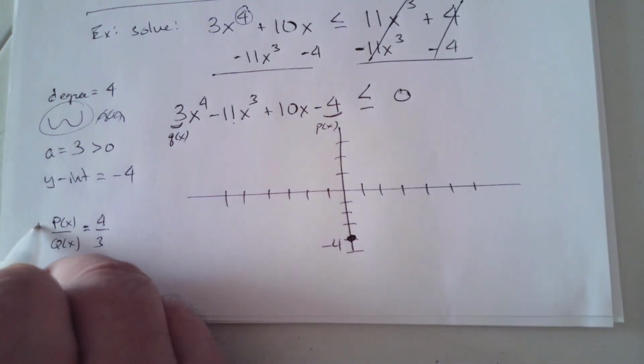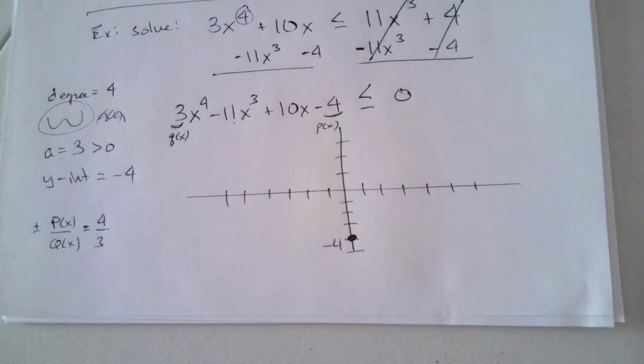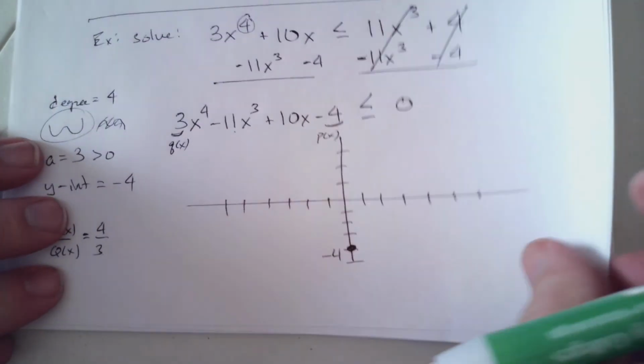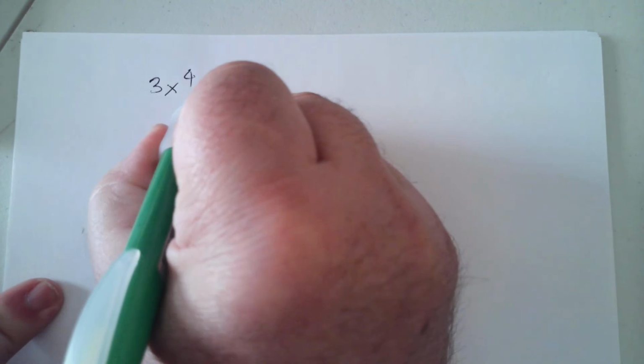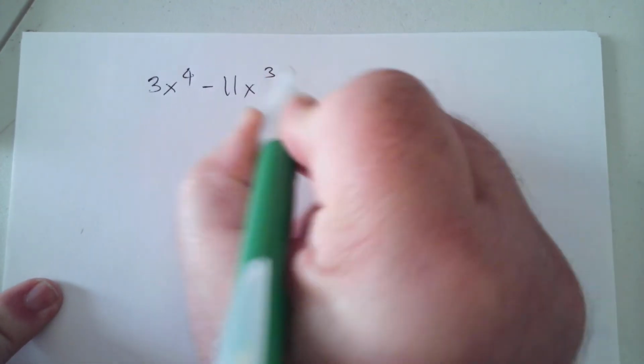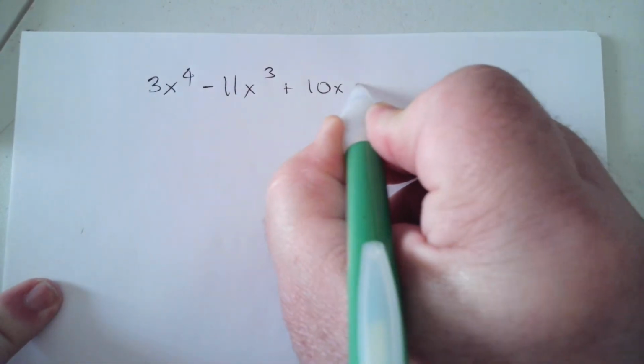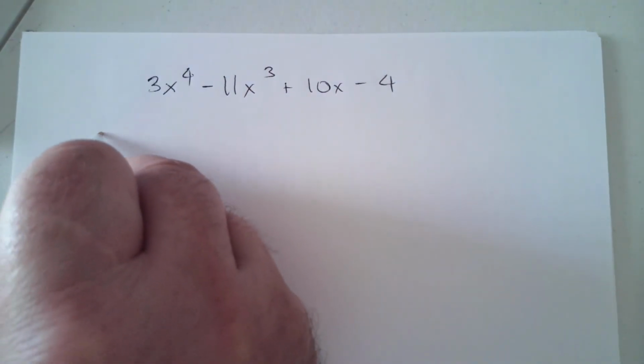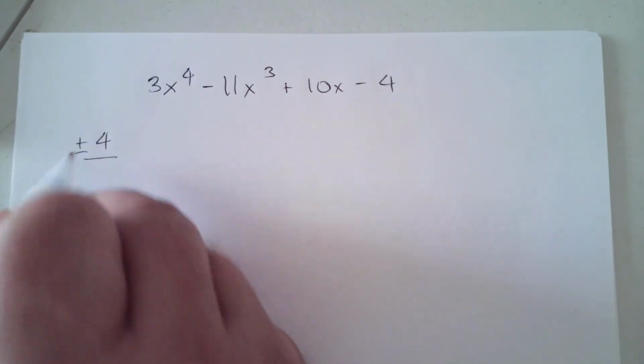So we have to find the plus or minus factors of all of those. So let's go and figure it out. 3x to the 4th minus 11x cubed plus 10x minus 4. Plus or minus factors of 4 over factors of 3.